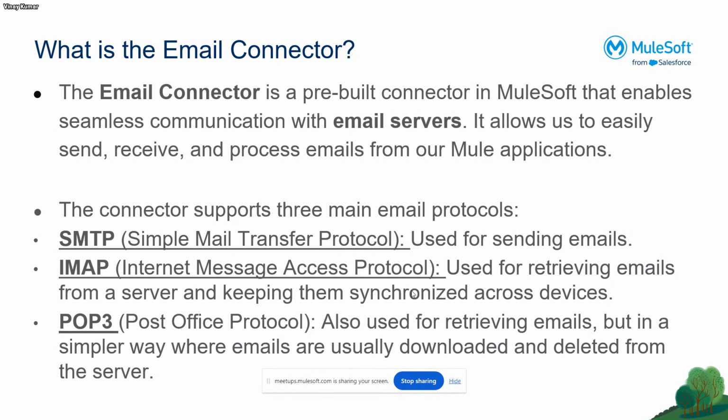It is used for retrieving emails from the server and keeping them synchronized across devices. POP3, which stands for Post Office Protocol, is also used for retrieving emails from the server. So these are the three protocols used for sending and receiving emails.